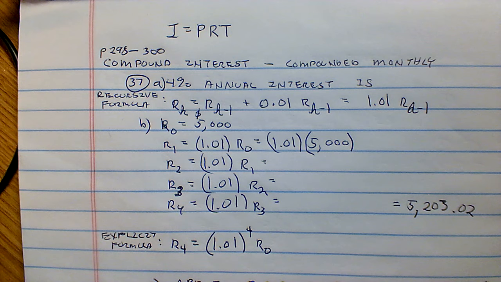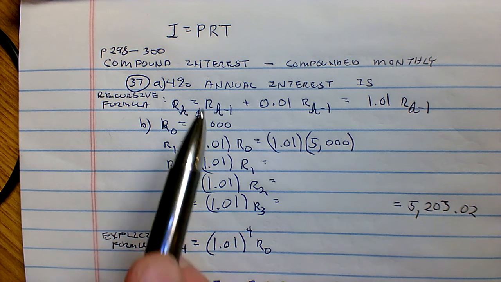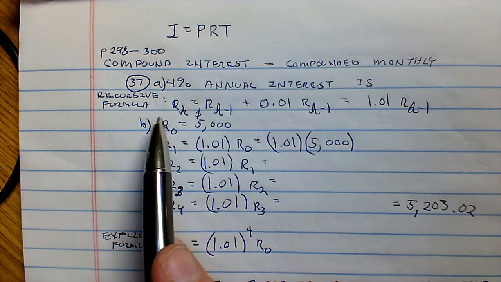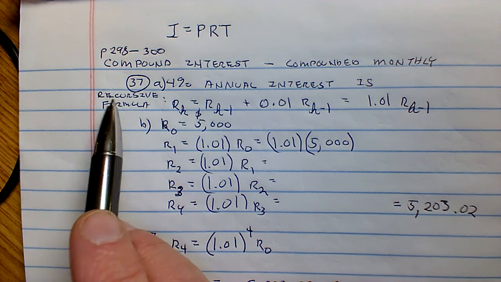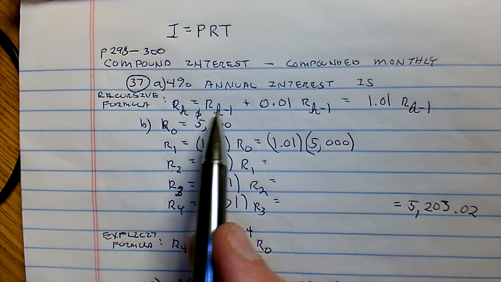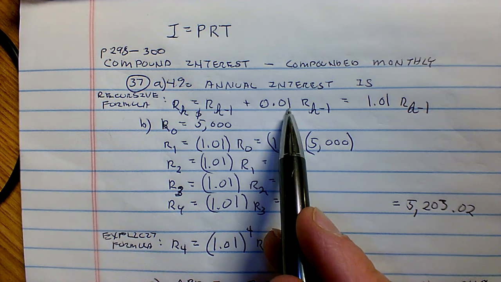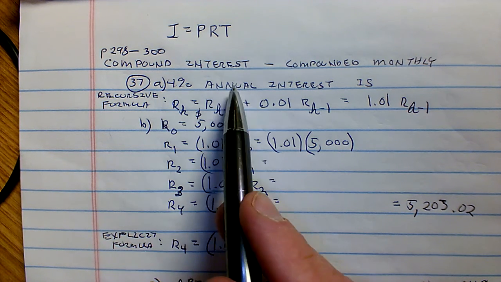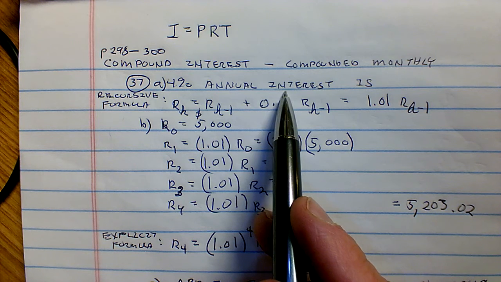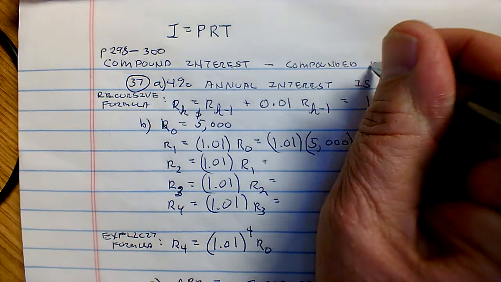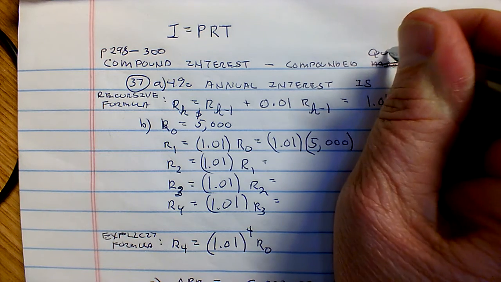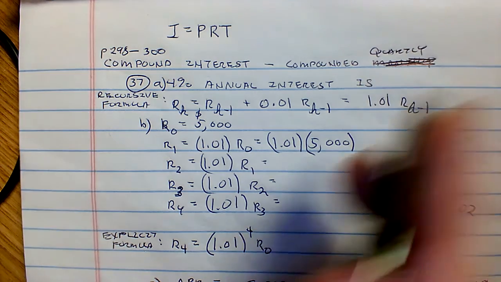The key parts of this are that you're working with 4% annual interest, and it says it's compounded quarterly, so that means it's happening every 3 months or 4 times a year. The first part of this is asking us to come up with a recursive formula for this. The recursive formula says that we're going to take this 4% annual interest. It's not compounded monthly, it's compounded quarterly in the problem.